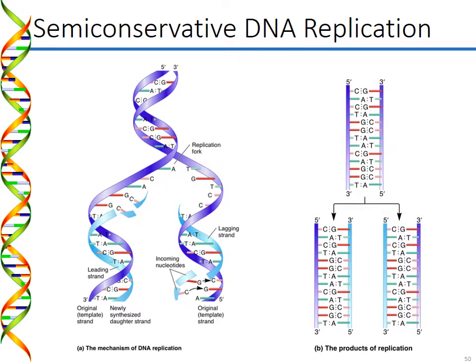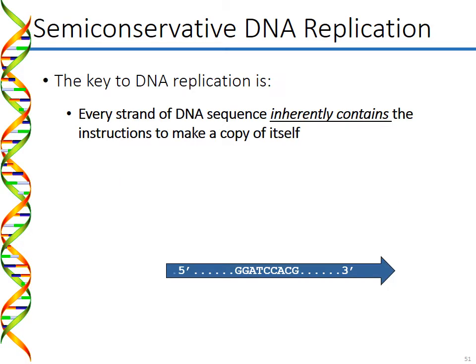And you can see this here in this diagram as well, in more of a flat format. As I mentioned, the newly synthesized strand is formed based on the complementarity of the base pairs.